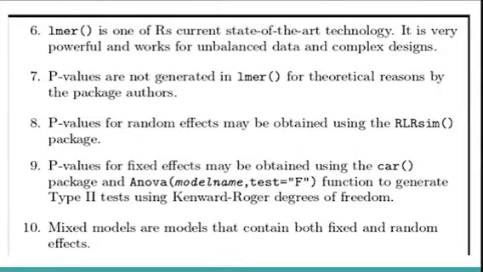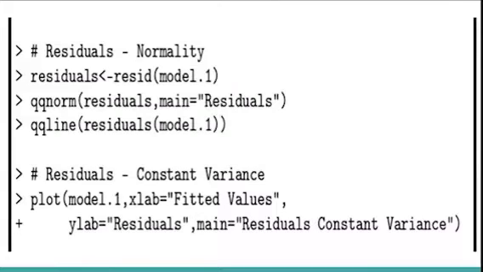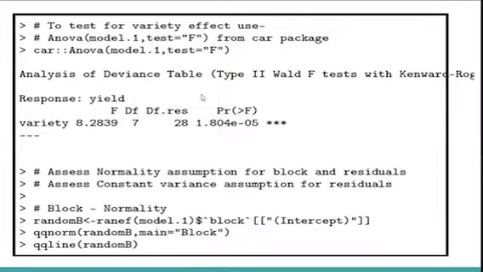I think I still have 5 minutes. I quickly want to walk you through the Kenward-Roger. I think the Kenward-Roger is actually here. Now take a look at this, this is a Kenward-Roger test. I actually want to test for the variety effect. And I know I loaded a special package, car, and that is the code.